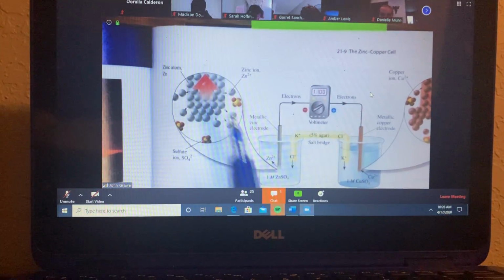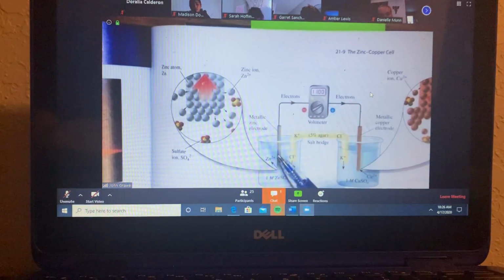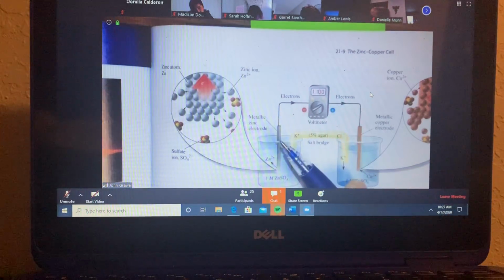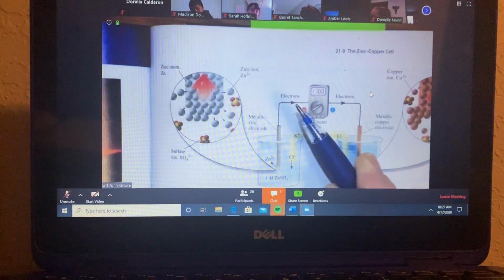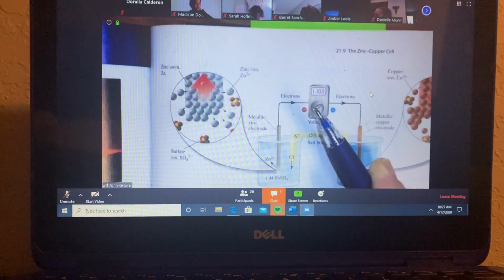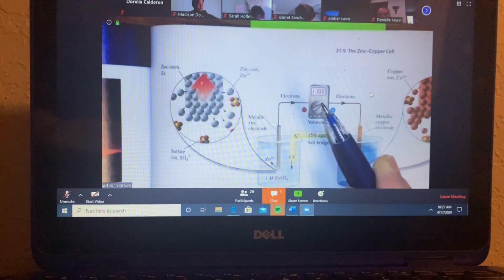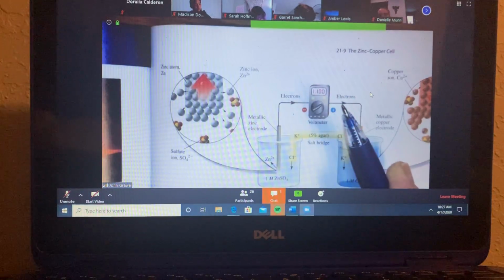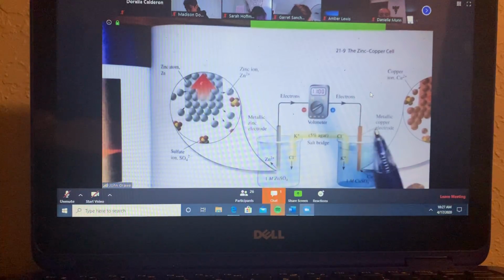That makes it negative. So the zinc metal is becoming negative with electrons. Electrons flow. They go through our device. Now they pass over to the other half cell.